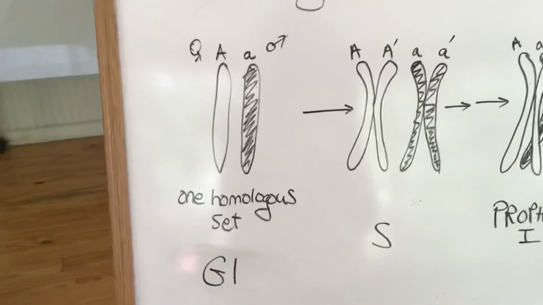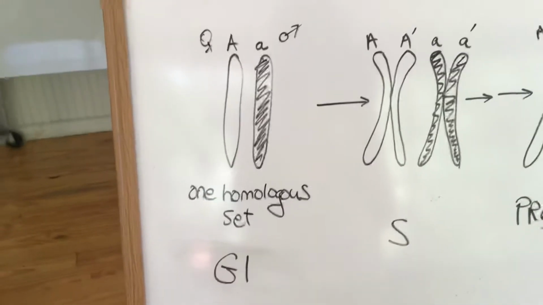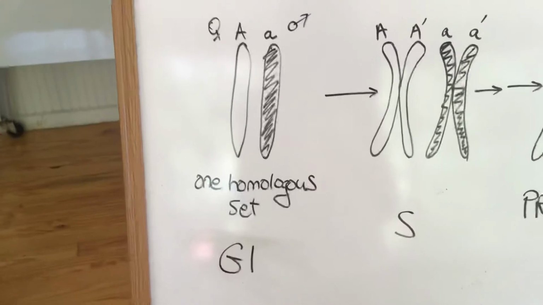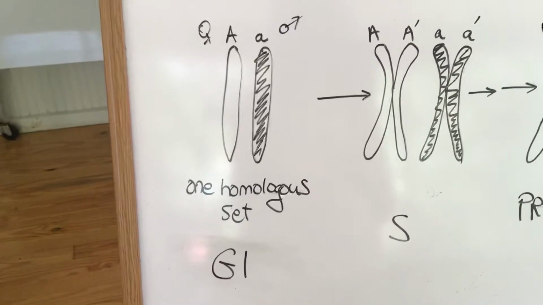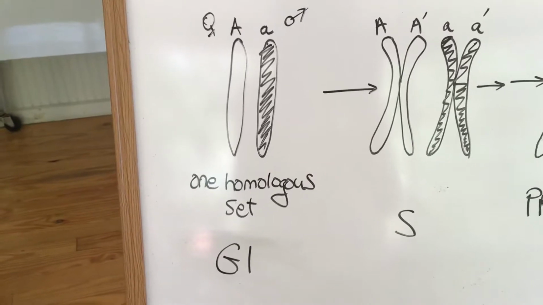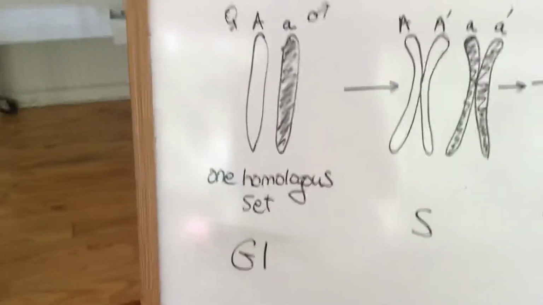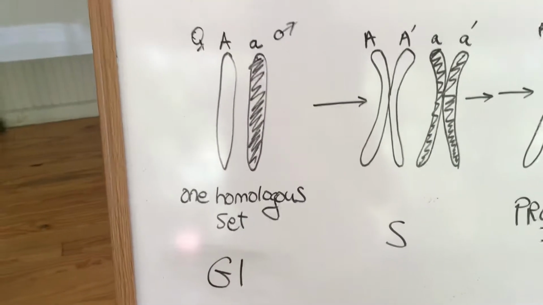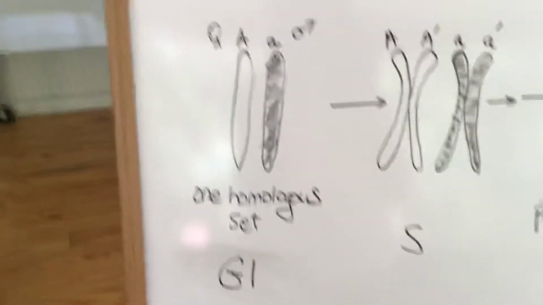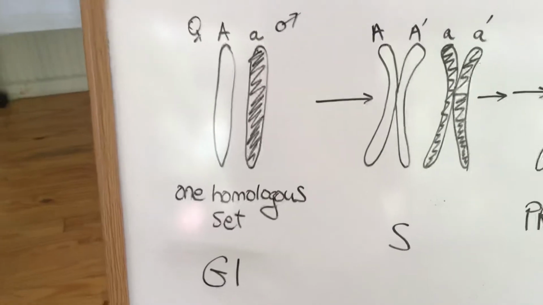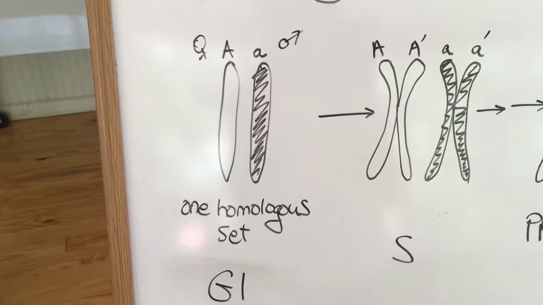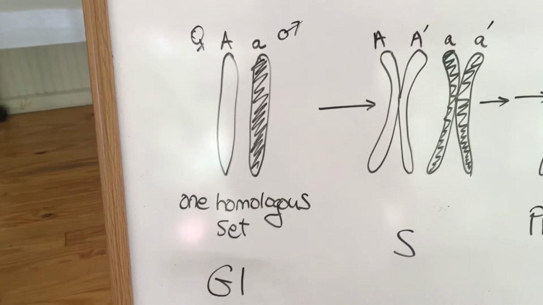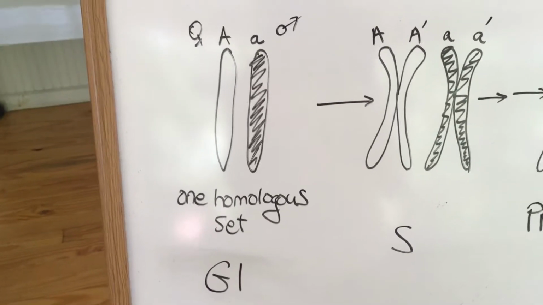So like I said before, in humans we would have 23 sets of these. I've just indicated one of the chromosomes is colored dark just to show that it's different, because remember that the homologous sets of chromosomes have genes on them that are the same for the same traits, but those traits may actually have different alleles, or they may be different versions of each of those genes.